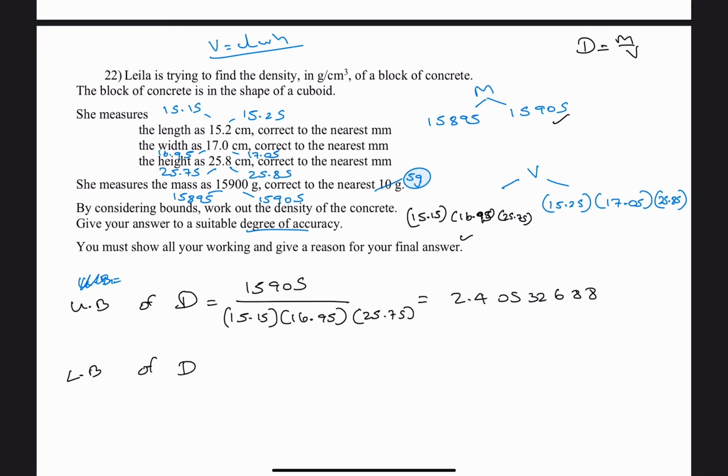Then how to do a lower bound of density? In order to do a lower bound, it is lower bound divide upper bound. The lower bound is 15,895 divided by upper bound 15.25 bracket 17.05, 25.85.